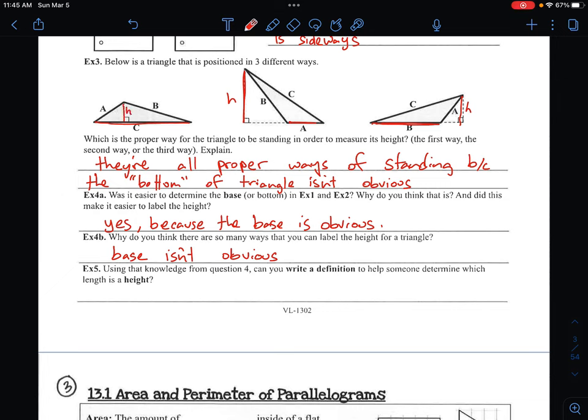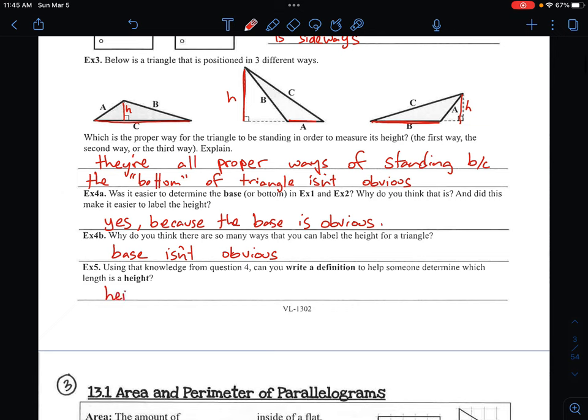So using knowledge for question 4, can you write a definition? I'm going to use kind of a big word, but the height is the perpendicular, which means it crosses and makes a 90-degree angle.